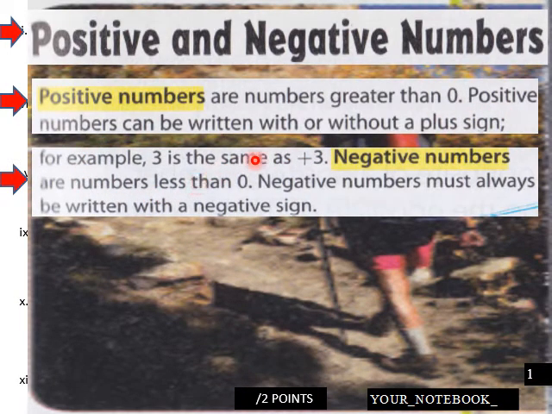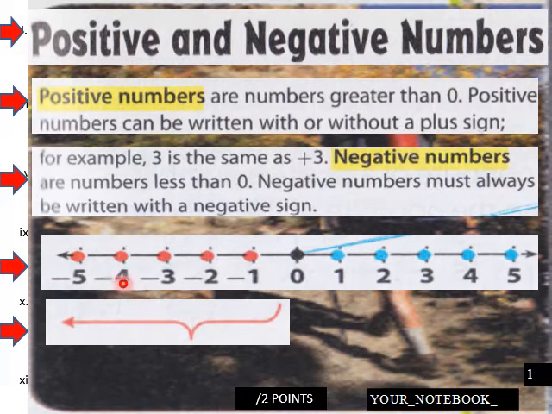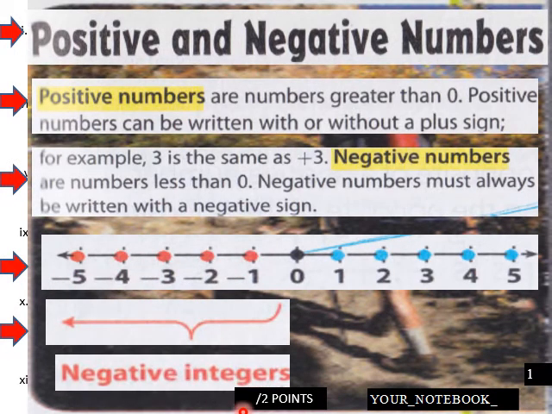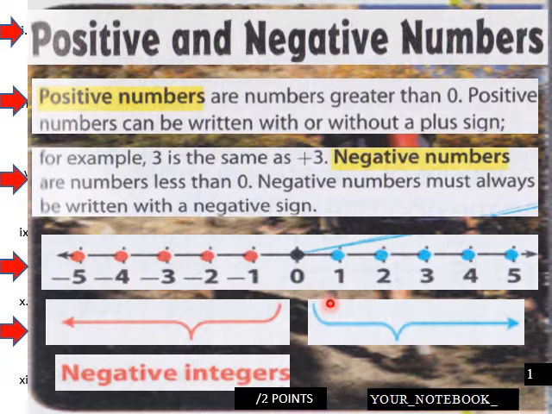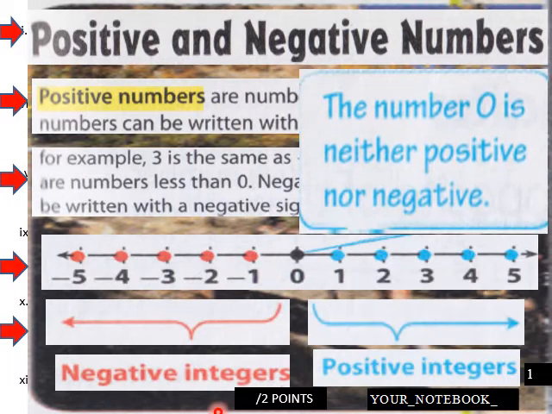For example, 3 is the same as plus 3. Negative numbers are numbers less than 0. Negative numbers must always be written with a negative sign. So here's your negative numbers here, and then your positive numbers are here. To the right of 0, to the left of 0. The number 0 is neither positive nor negative.